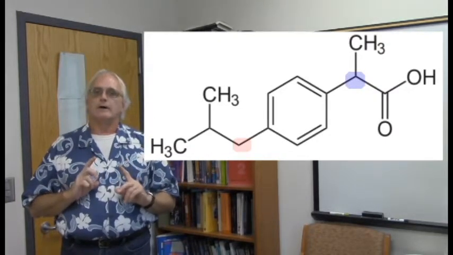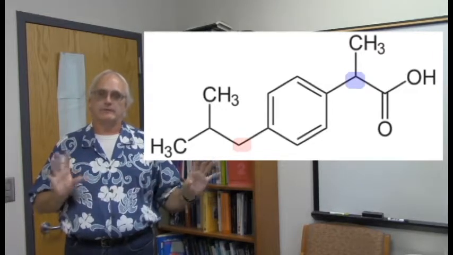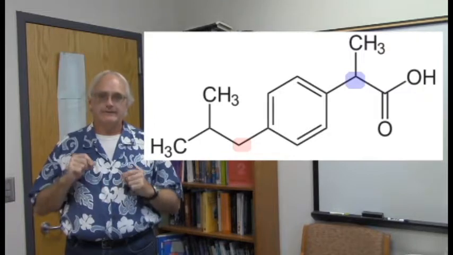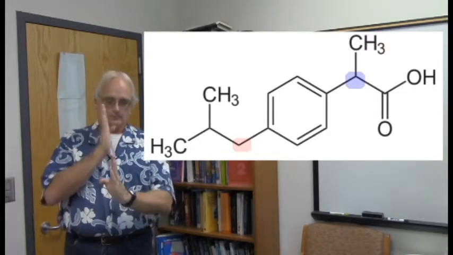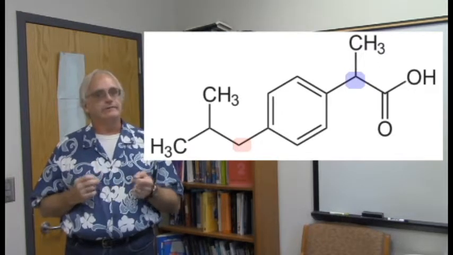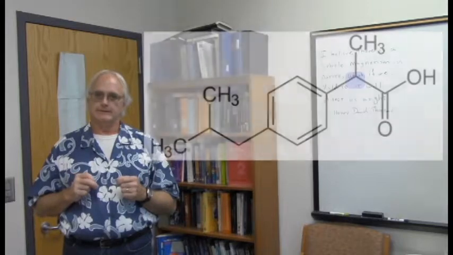So in other words, the two carbons that are right on top of each other aren't even members of the same spin system. They're on opposite sides of the molecule. It just seems to be pure coincidence that these two carbons are right on top of each other in the carbon spectrum. HSQC, just like DEPT 135, makes that abundantly clear.